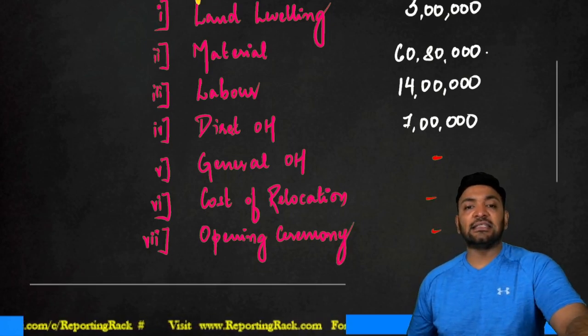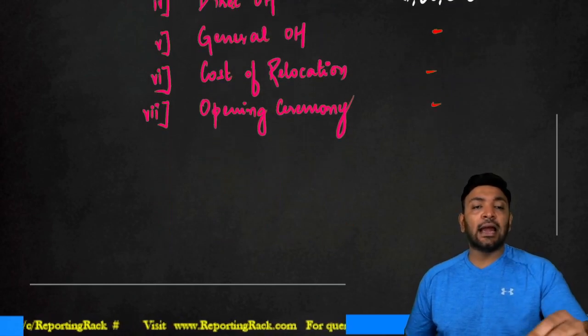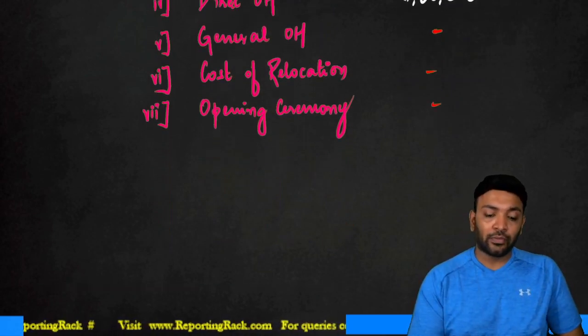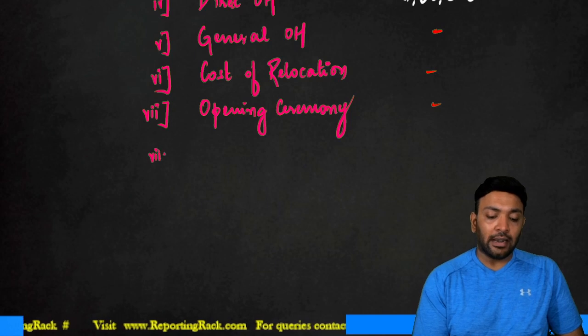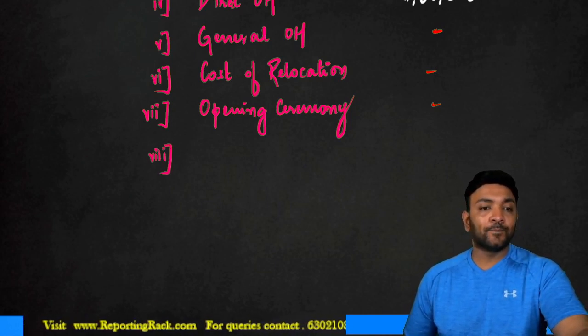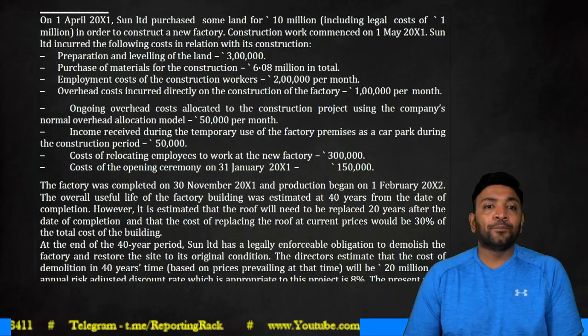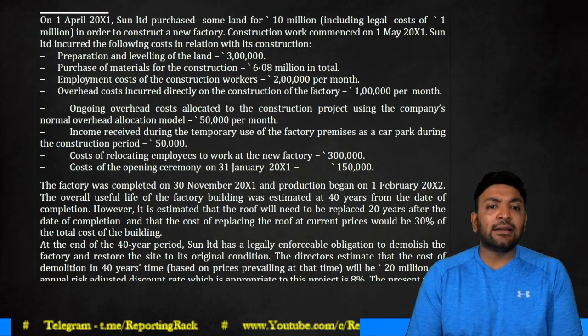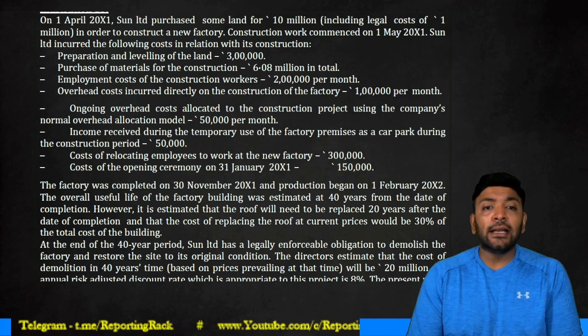I'm just writing it as nil after your general overheads and cost of relocation. Next inclusion. That's it. So from there on, you look at it.